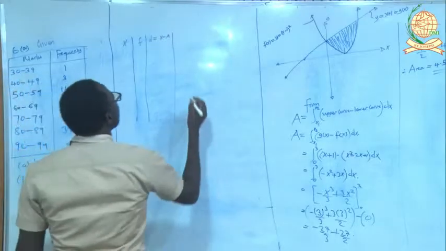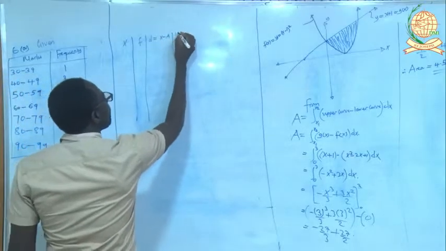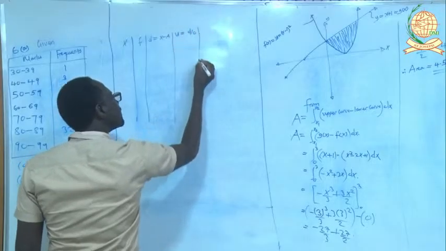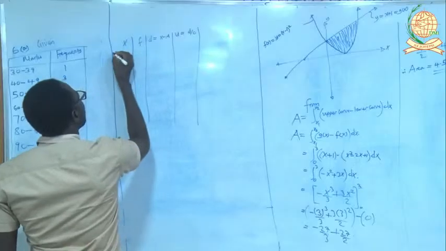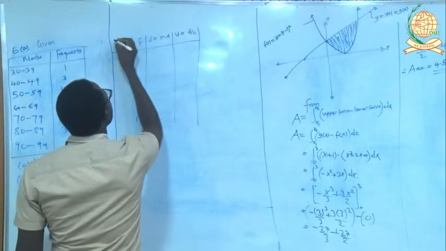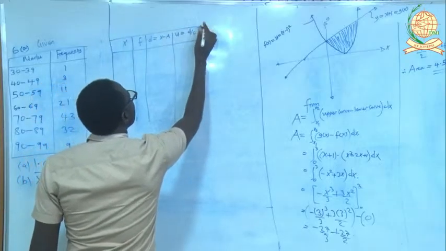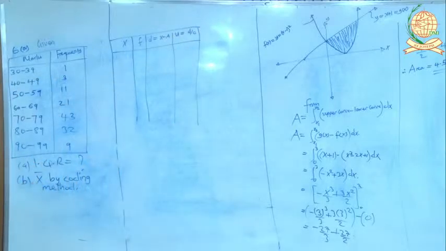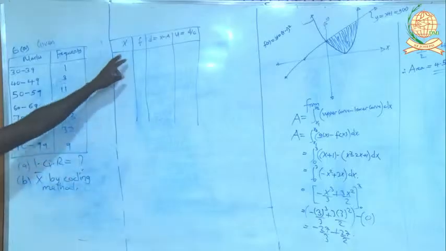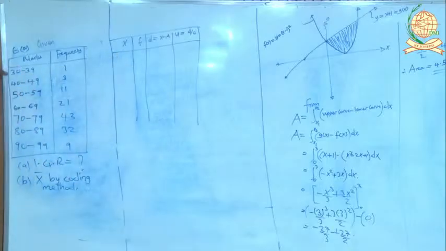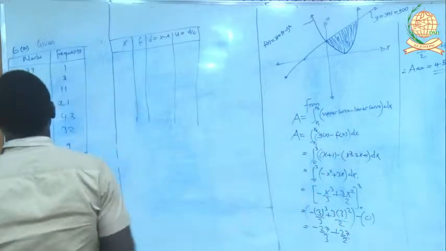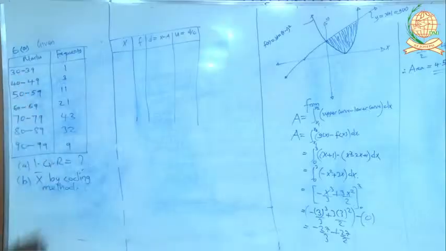Then u, which is given by D over C. I think using this table we can solve A and B. Now x is the average between the lower number and the upper number. So using your calculator, take 30 plus 39, then you divide by 2.